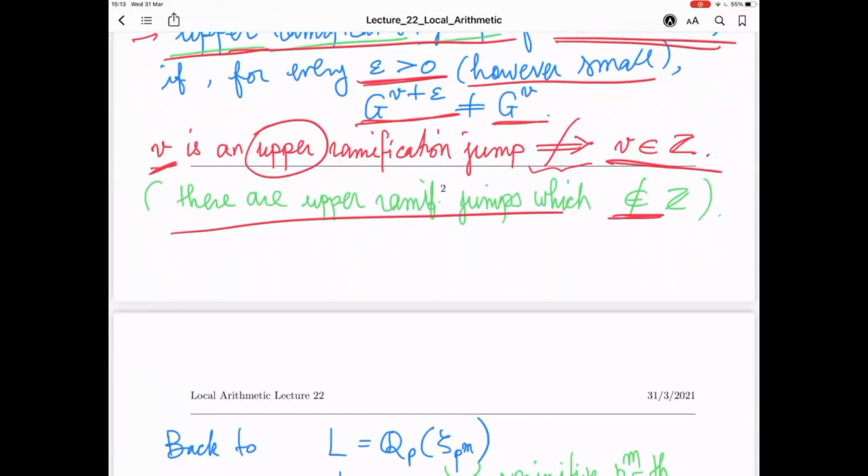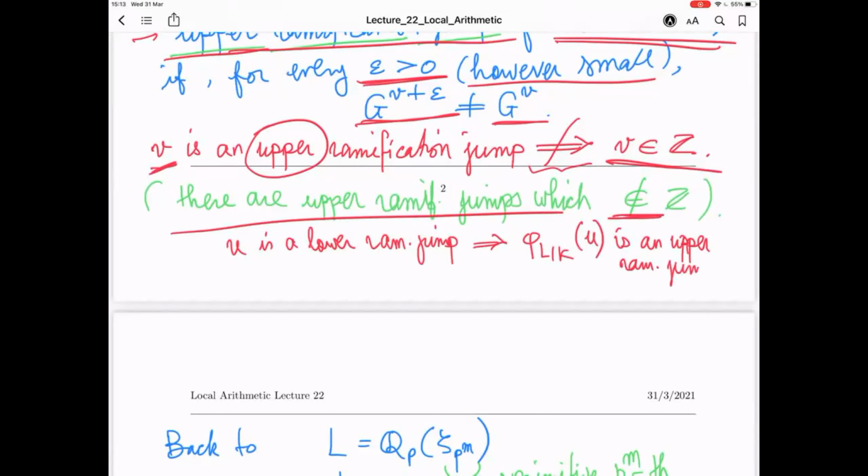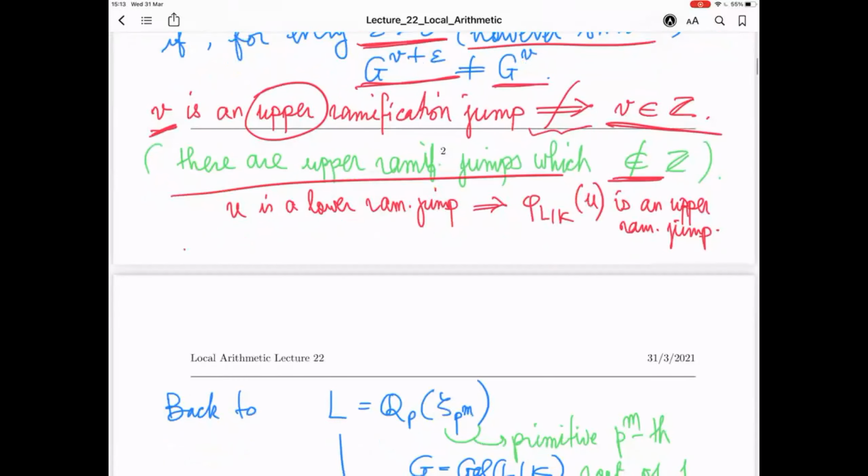Actually, if u is a lower ramification jump, this implies that phi_{L/K}(u) is an upper ramification jump. And similarly, v is an upper ramification jump implies that psi_{L/K}(v) is a lower ramification jump.